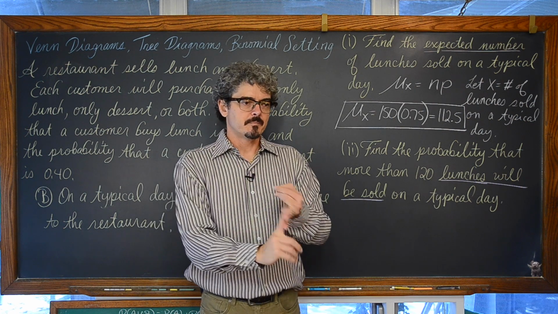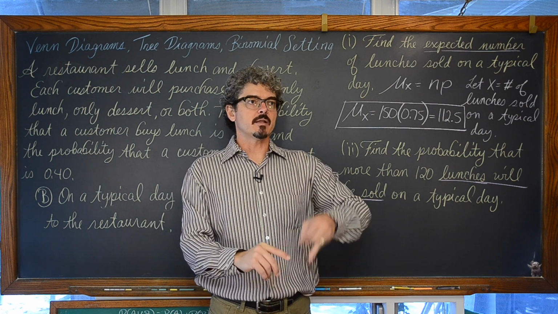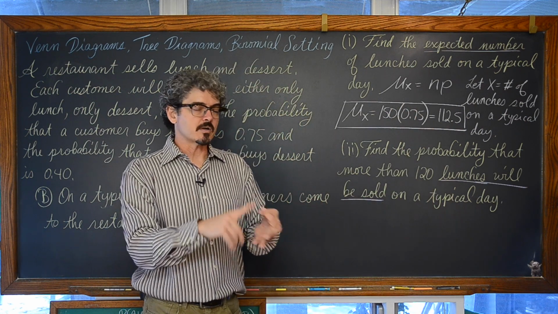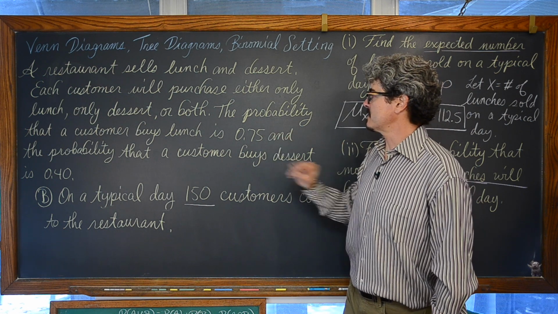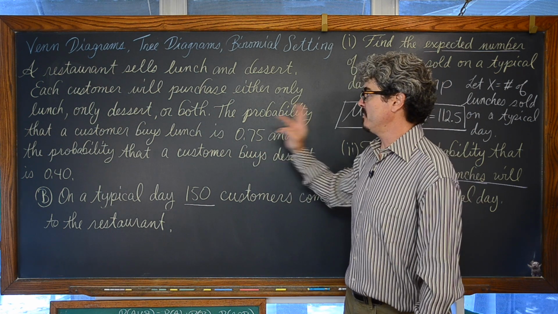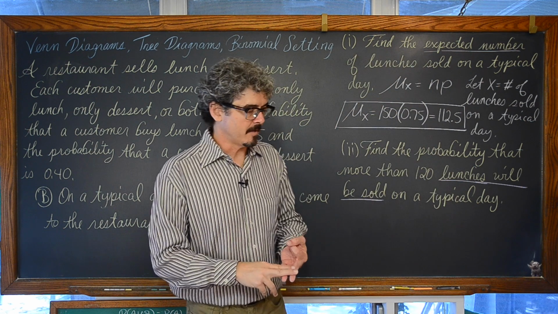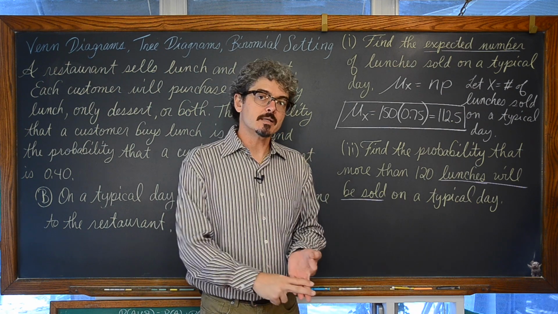There's independence. Is the probability of one customer buying lunch going to affect the probability of the next customer buying lunch? You have to have independence. You have to have a constant probability, and we're going to assume that probability stays at a constant 0.75 for a customer buying lunch during a typical day. And you need a constant n, or a set number of observations.